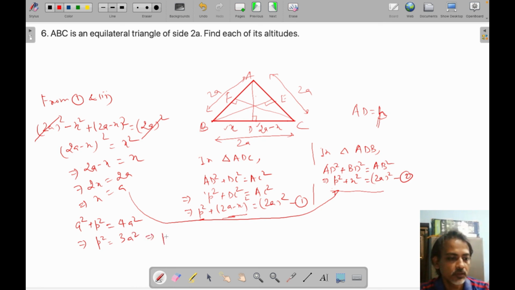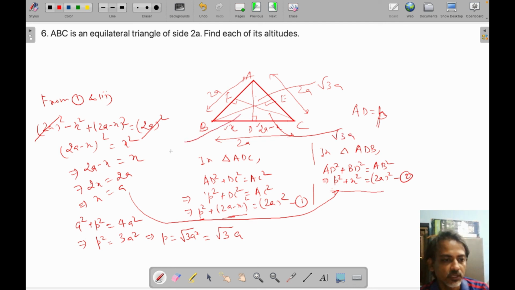This implies P equals root of 3A square, which is nothing but root 3 A. So this is root 3 A. Similarly, this one will also become root 3 A, and this as well will come out to be root 3 A. Alright, so this is all we had to discuss in problems 4, 5 and 6. We'll discuss 7, 8, 9 in the next lecture. Thank you so much.